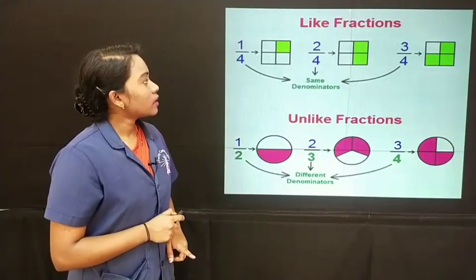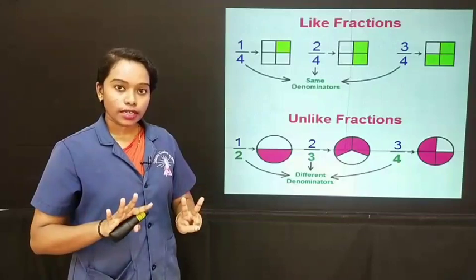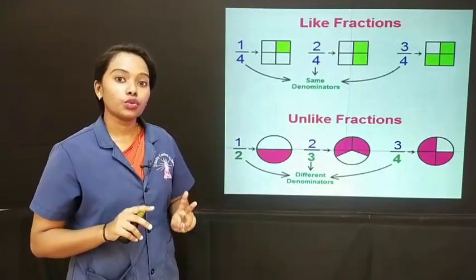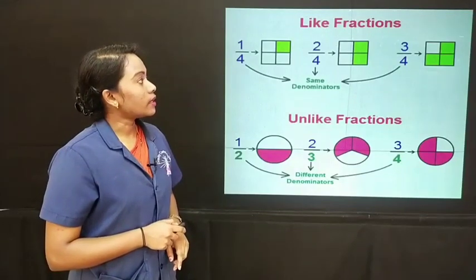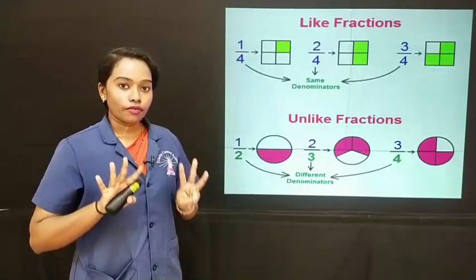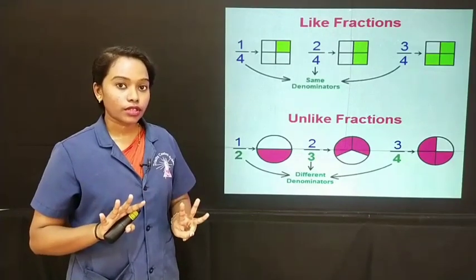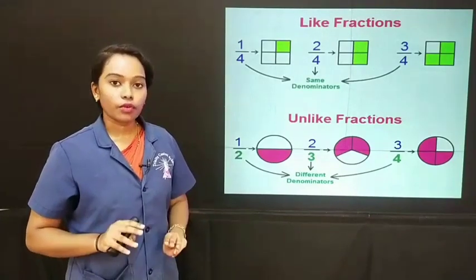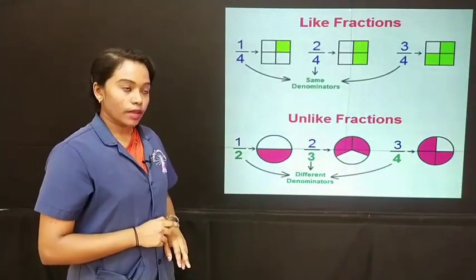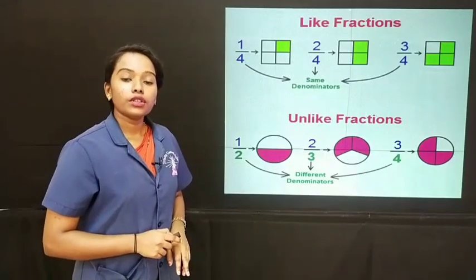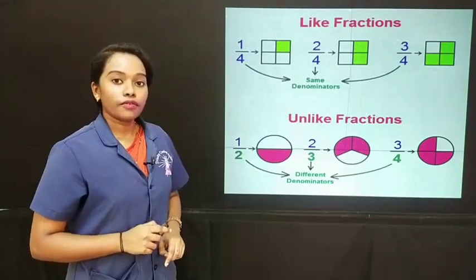What about here? In the second square, 2 out of 4 is shaded. Therefore, the fraction is 2 by 4. And in the third square, 3 out of 4 parts of the square are shaded. And the fraction is 3 by 4. In the fractions 1 by 4, 2 by 4, 3 by 4, denominators are same. Hence, they are like fractions.